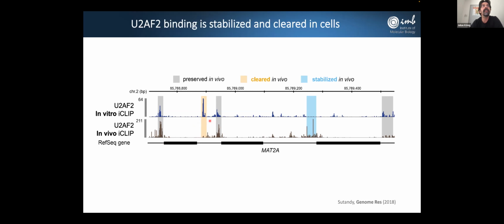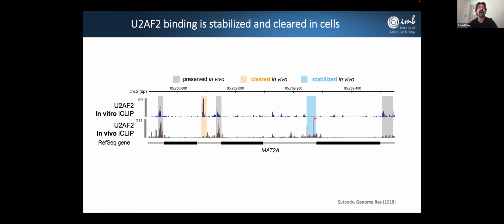For example, here we have a binding site that is strongly bound in vitro, but it's not bound in vivo, suggesting that some factor is clearing U2AF2 binding from this location in the cells. And here we have the opposite, where we have a binding site where in vivo it's strongly bound and a functional binding site, but there seems to be no affinity for this region in vitro of the protein alone.